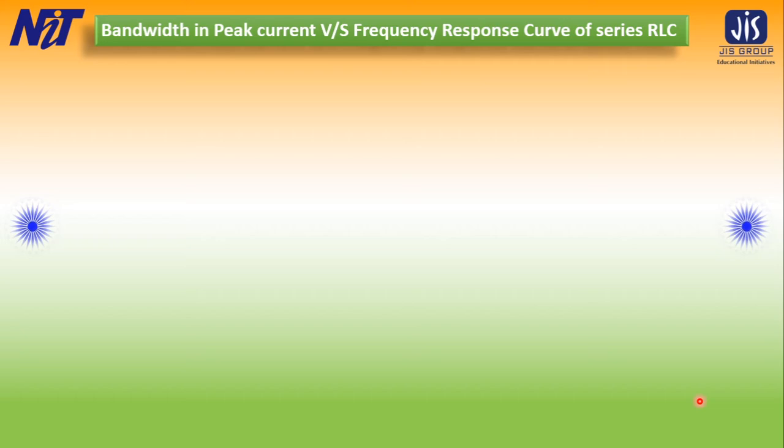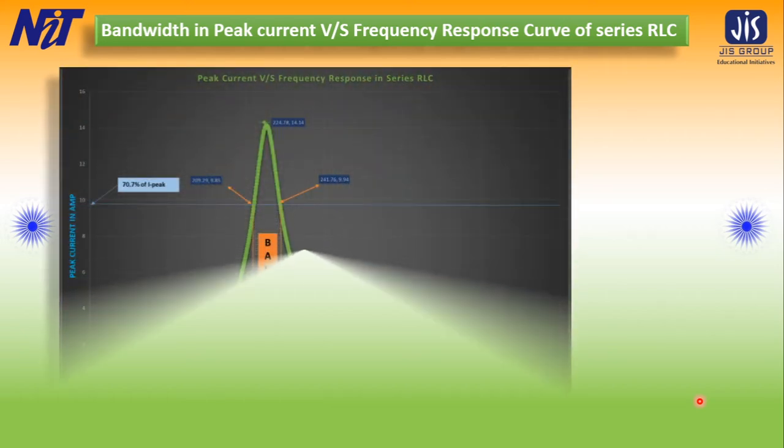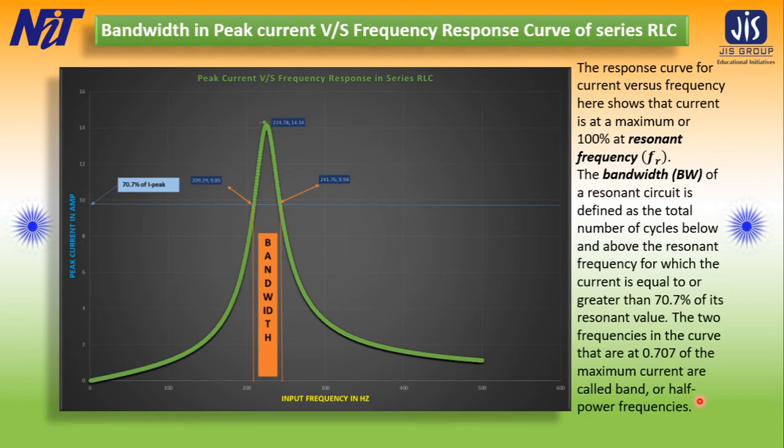Then we will realize the bandwidth from this curve. It looks exactly like this when you retrieve all the data in an Excel sheet and plot it there, where it is clearly mentioned that the x-axis is input frequency in hertz and the y-axis is peak current in ampere, along with all the parameters as well as bandwidth. So what is bandwidth?